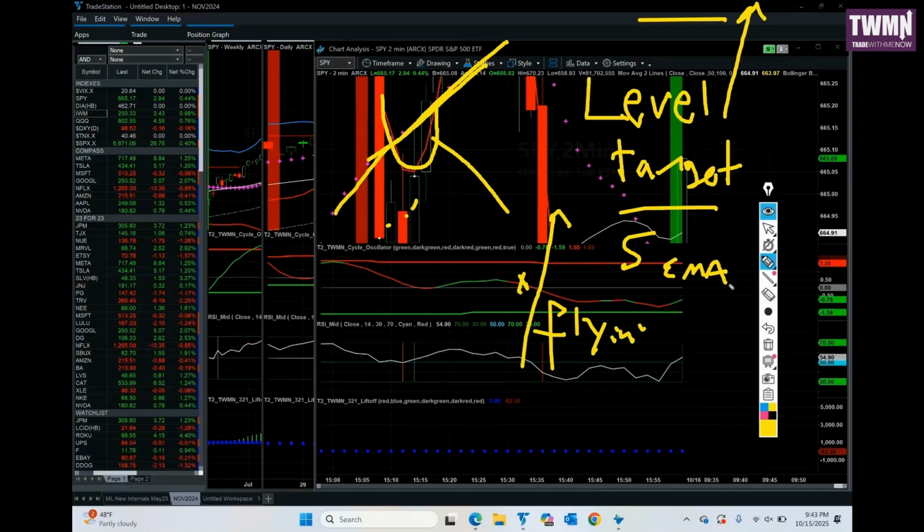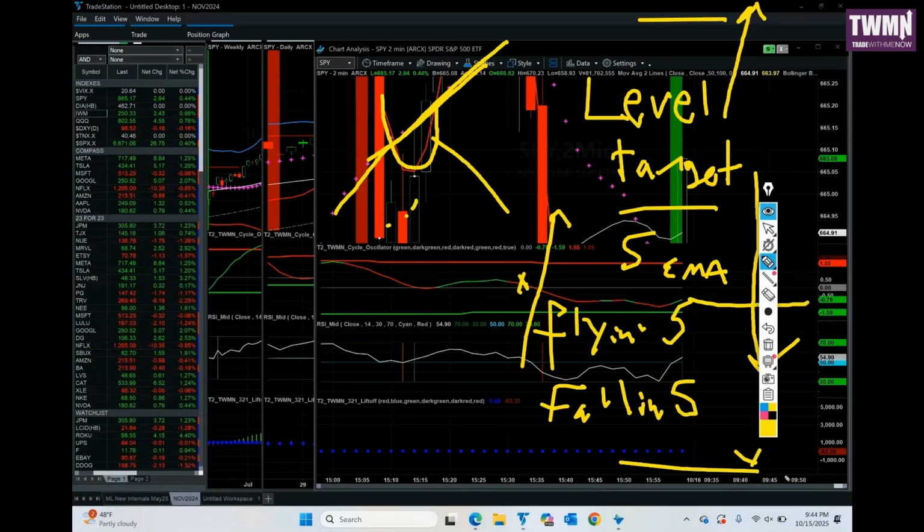If it's falling like crazy, that's called the falling 5, and it's coming up on a level, there's a good chance it'll break through that level and you can go to the next level below that as your target.